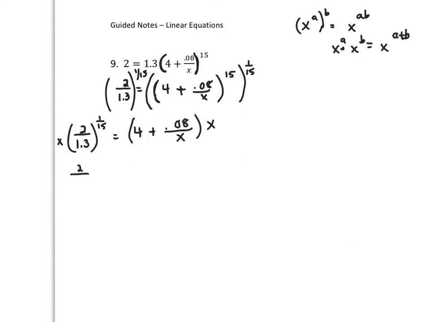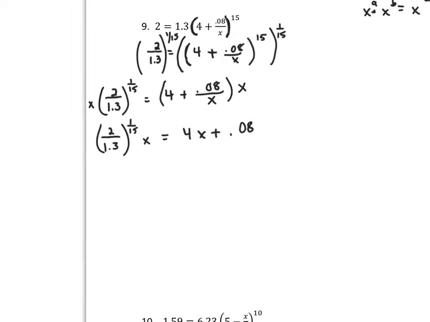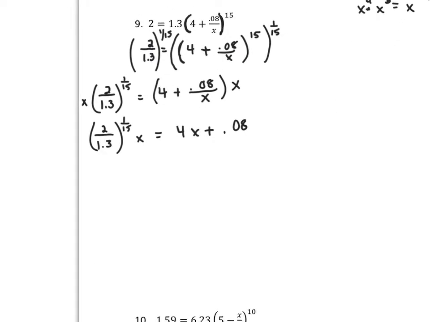So that's 2 divided by 1.3 raised to the 1/15 times x is 4x plus 0.08. And let's get our x's together. We can't actually combine them, but we can get them on the same side. 2 divided by 1.3 raised to that fraction, x, minus 4x equals 0.08.